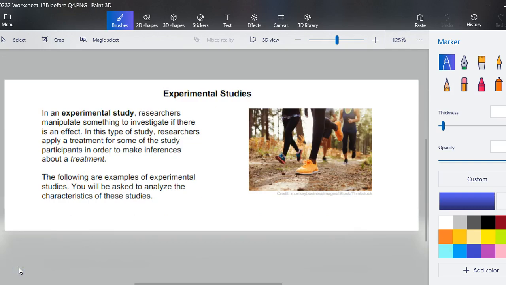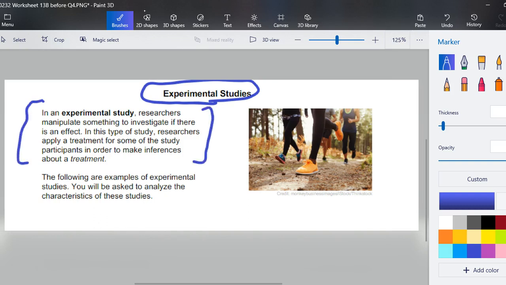So now this lesson moves to experimental studies. Again, you need to make sure you've got flashcards started or your glossary, some way that you're tabbing this information, so it's sticking out for you. Here goes another really big concept to learn for this course, and it's talking about experimental study.